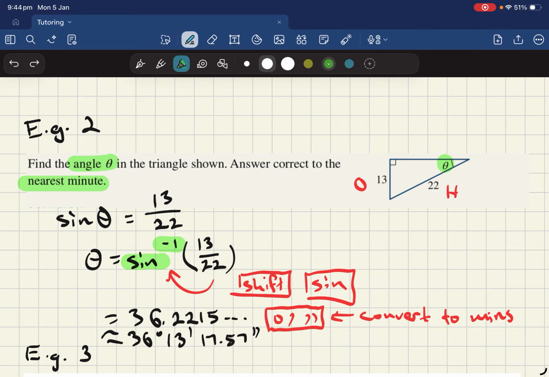The middle of our seconds is going to be 30. That's the midpoint between 0 minutes and 1 minute. So if our number here is less than 30, we round down. If it's 30 or more, we round up. Now, 17.57 is less than 30, so we round down. So we get 36 degrees and 13 minutes.